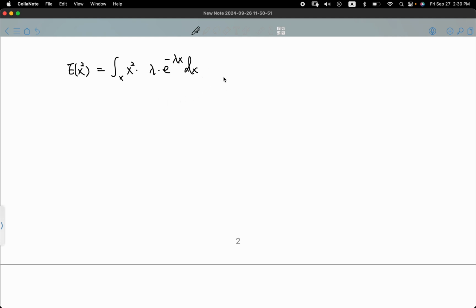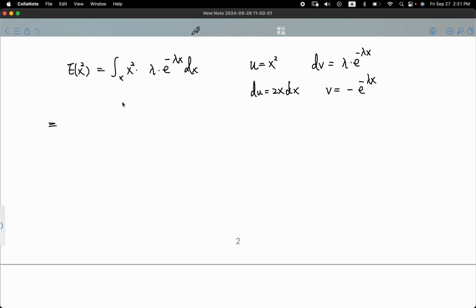So again, we need to do integration by parts. Let u equal x squared, and then dv is just lambda e to the negative lambda x, and then du is just 2x dx, and then v, which is something we already have earlier, is negative e to the negative lambda x.